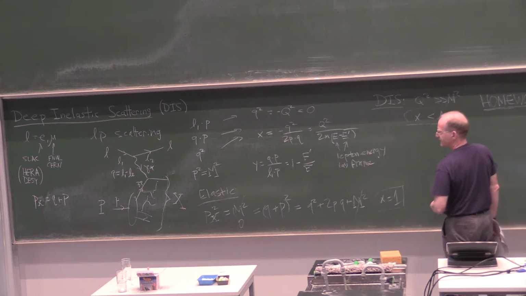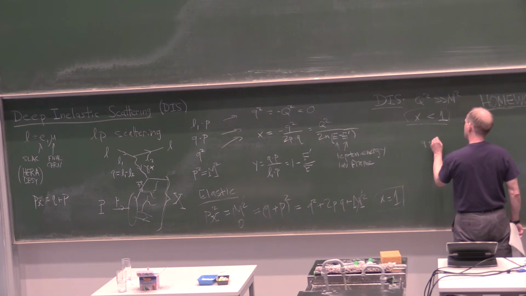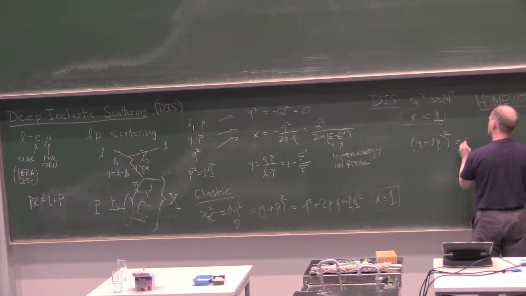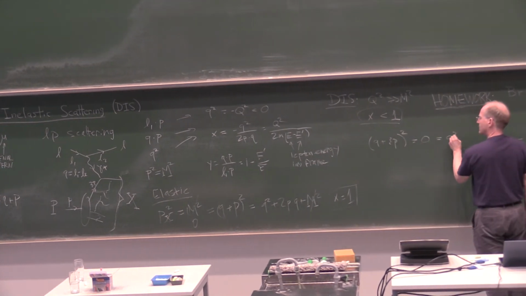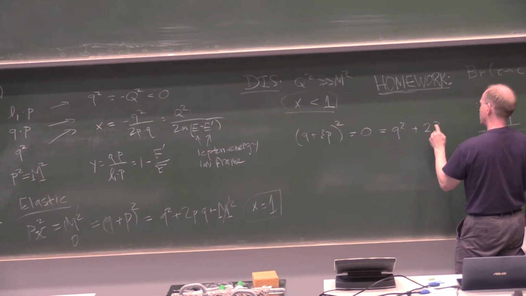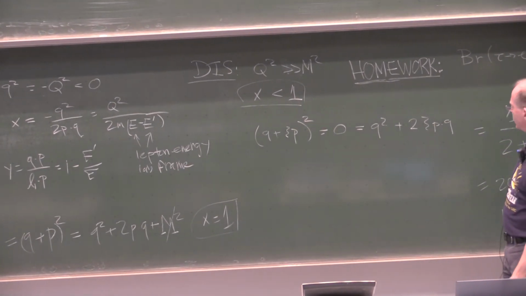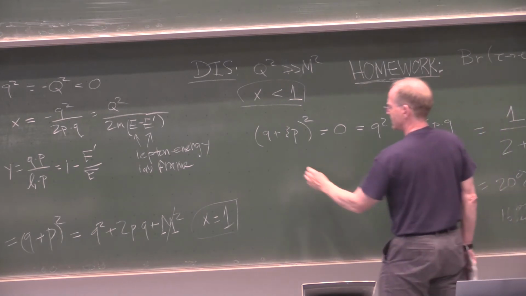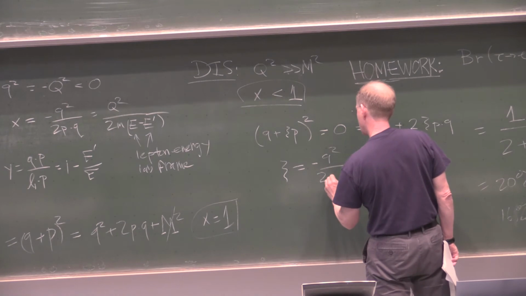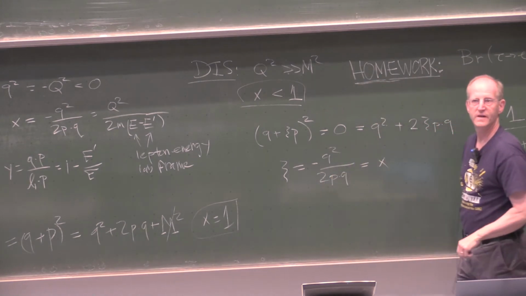In that case, you would get that (q plus cp) squared is equal to 0, which is q squared plus 2c p dot q. And if you solve this equation, you see that c is equal to minus q squared over 2 p dot q, which is what we defined x to be.